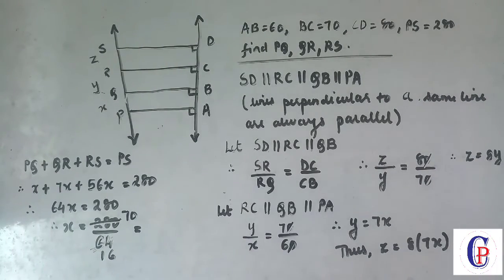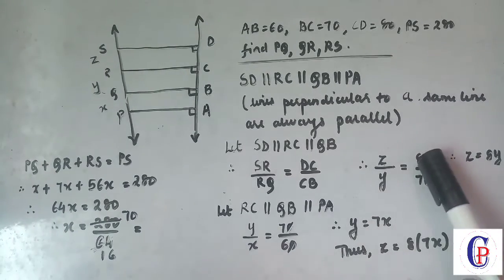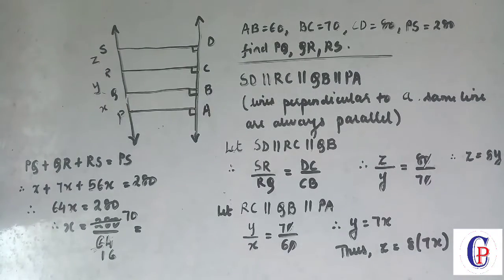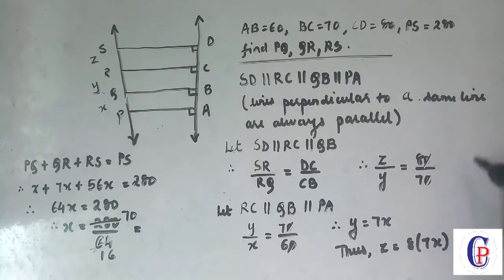Guys, we have made one silly mistake. See here, Z is 8 upon 7Y, not 8Y. I forgot to write the 7 here. So Z is 8 upon 7Y.